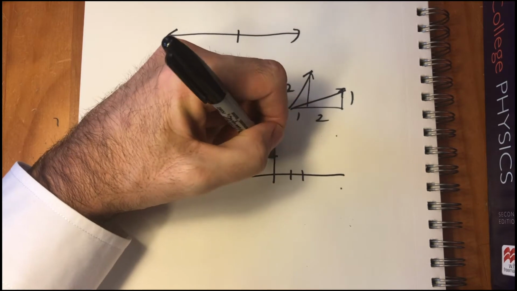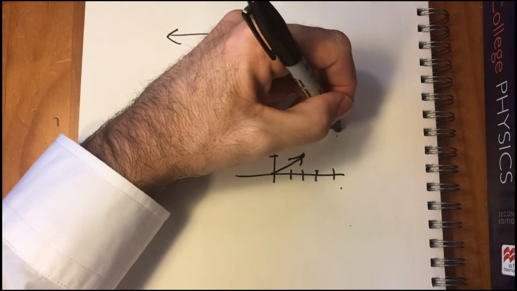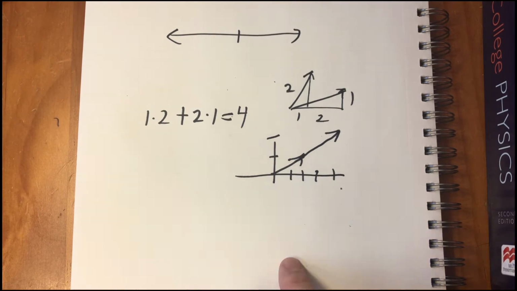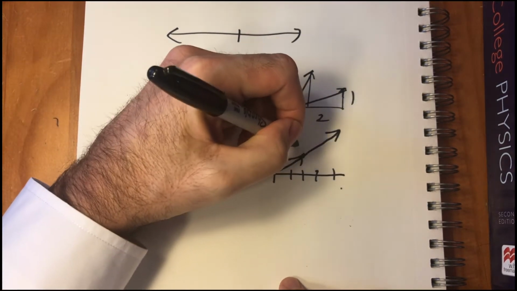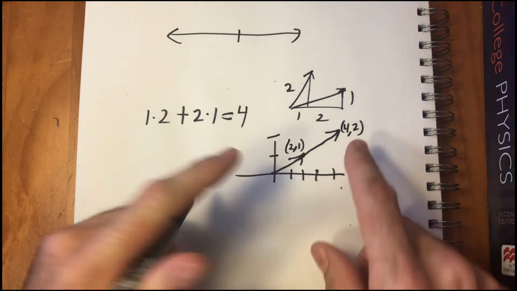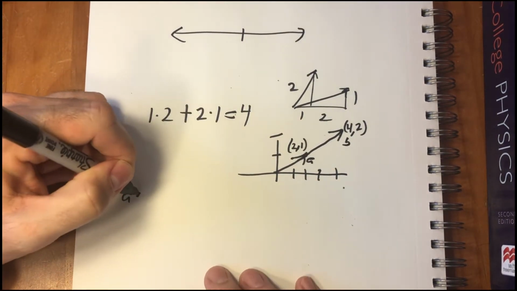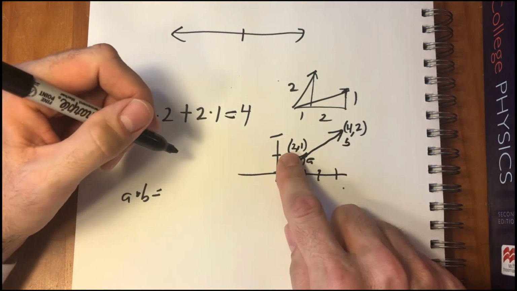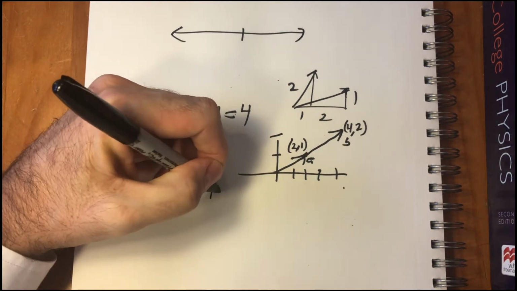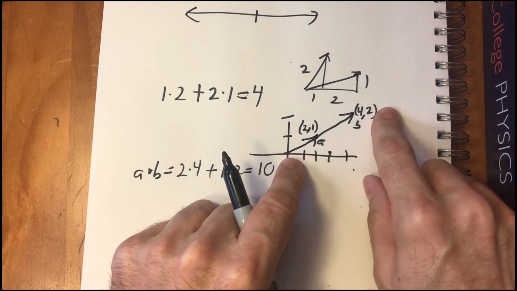If we have one vector that's 1 by 2 and another vector that's 2 by 4, and we multiply those, if we just take the dot product of them, so this is 2 comma 1, this is 4 comma 2, A dot B equals 2 times 4 plus 1 times 2, which gives us 10. That's the magnitude if you multiply these, because they're in the same direction.